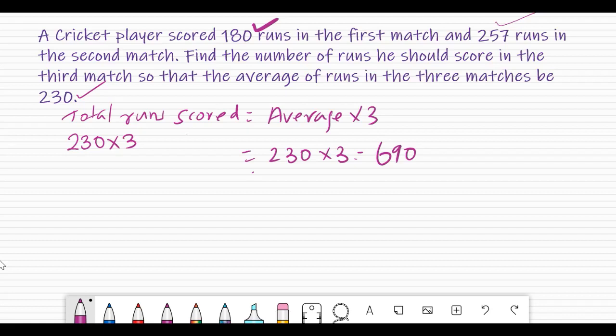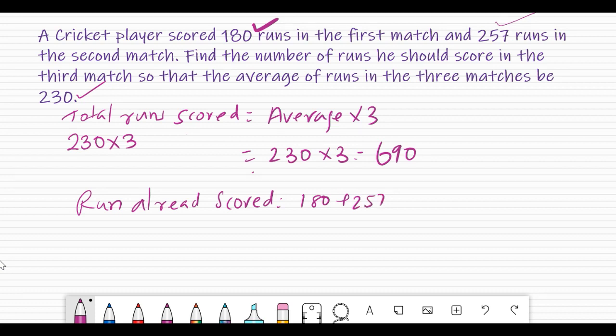So there is not much unknown quantity. We know the runs already scored. How much does it come to? 180 plus 257. Correct?